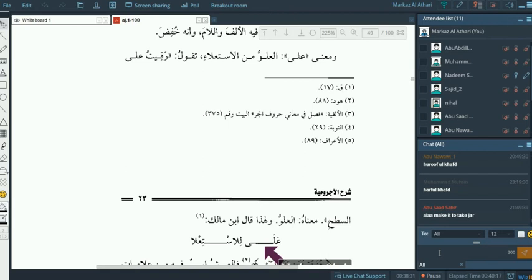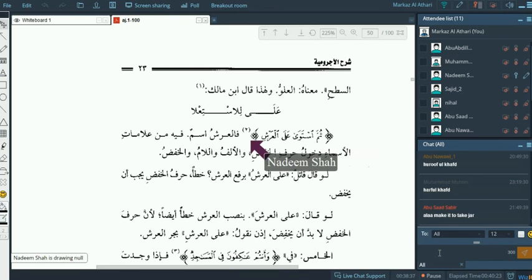So he says, ala lil-isti'la. Ala means to rise above, to be above.